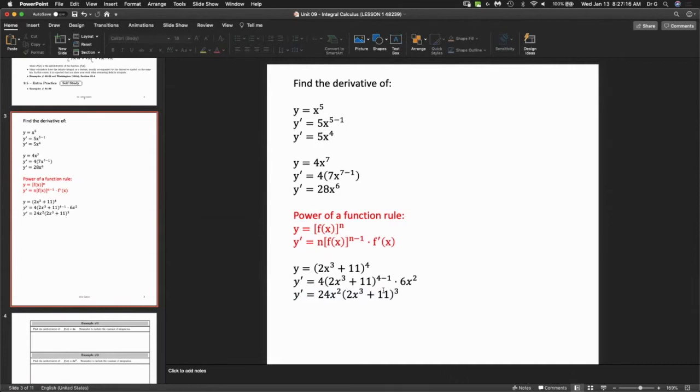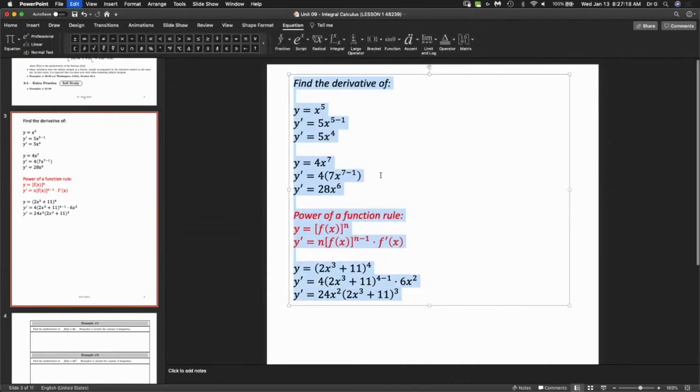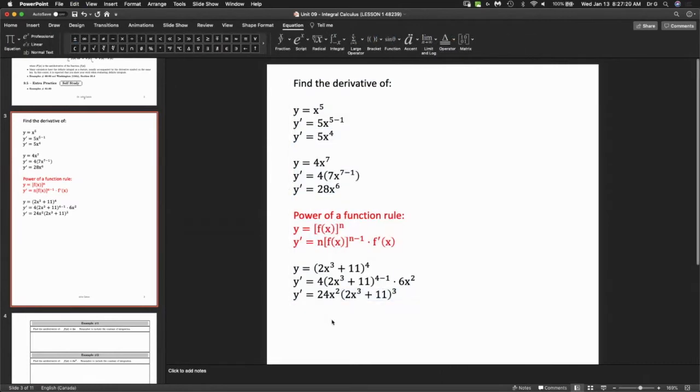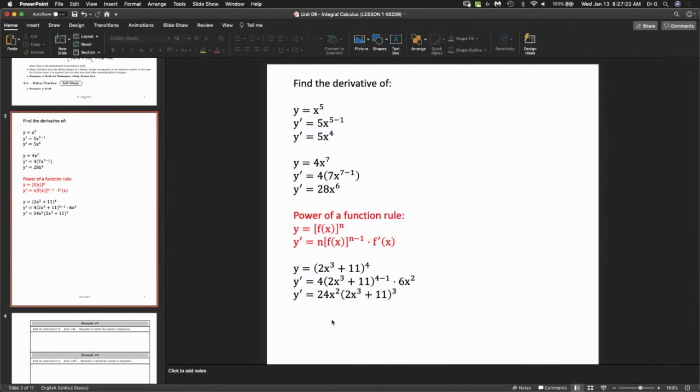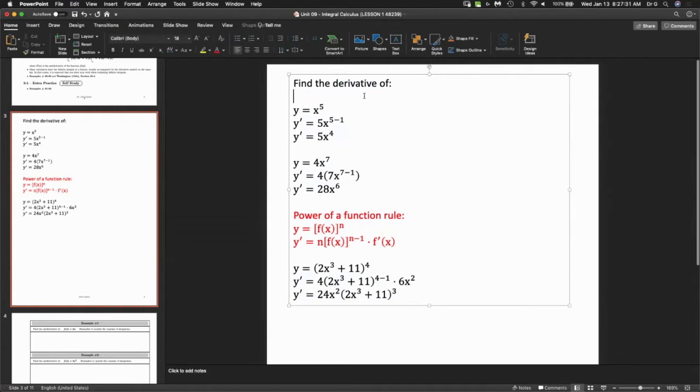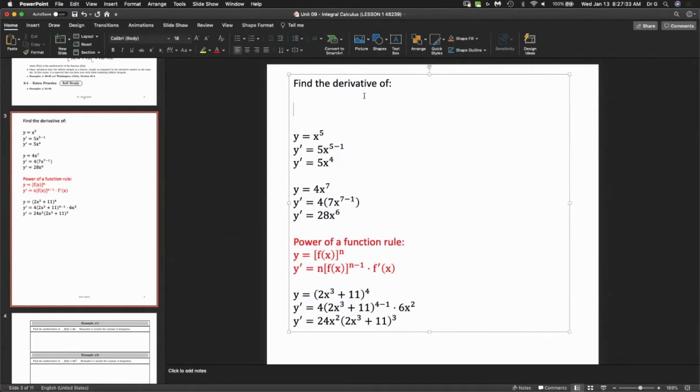Okay, so these 3 examples I would consider prerequisite for this course. If you had a tough time understanding these 3 examples, then you need to review some derivatives, okay? So you need to review the power rule, and you need to review the power of a function rule.